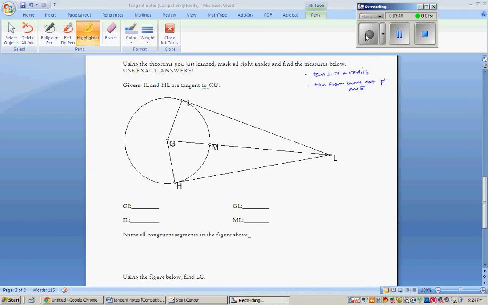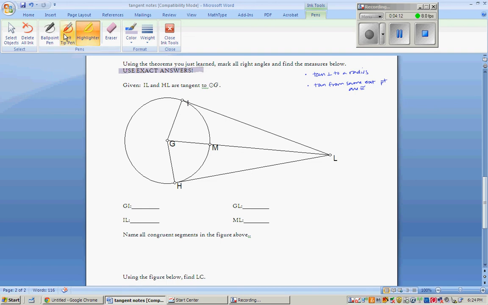Okay, using those two theorems we've just learned, where you have a tangent that's perpendicular to a radius, and two tangents from the same exterior point are congruent, we're going to mark all the right angles in this picture, and we're going to find some measures. And the most important thing is use exact answers. So put that calculator away.